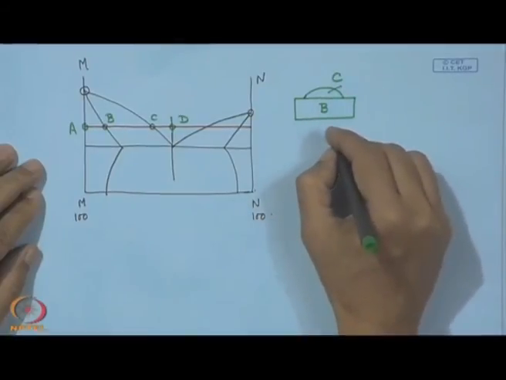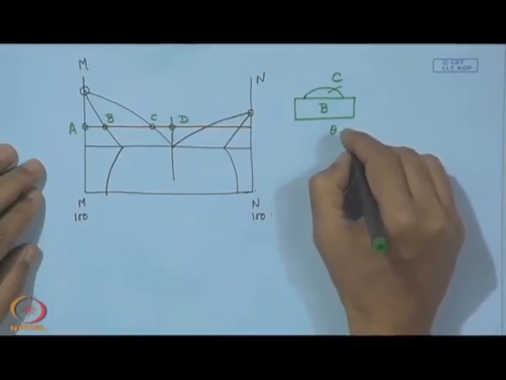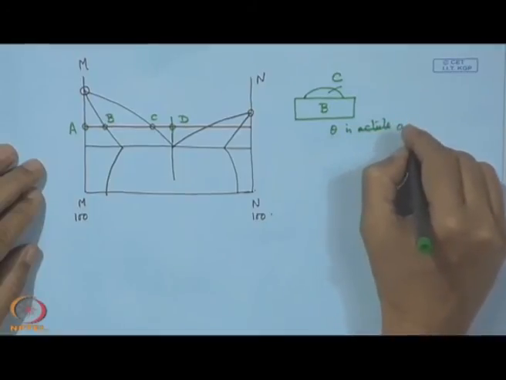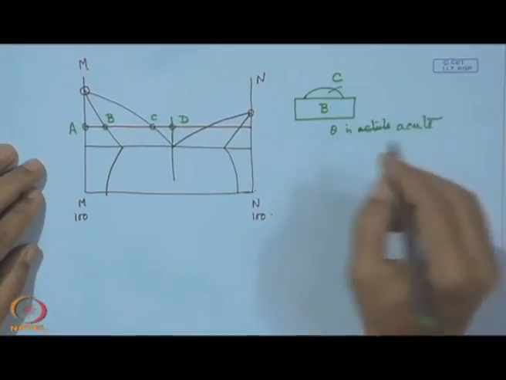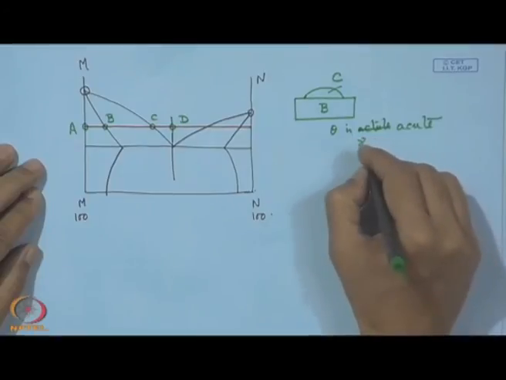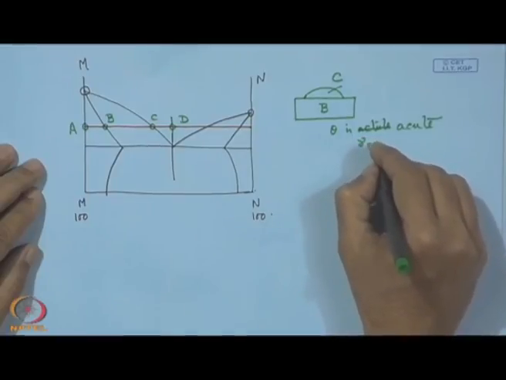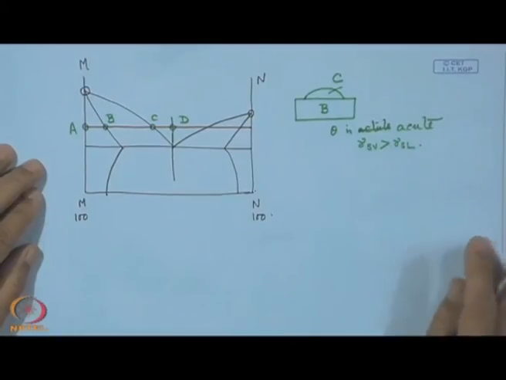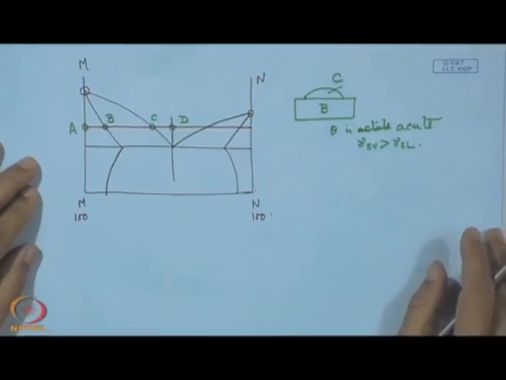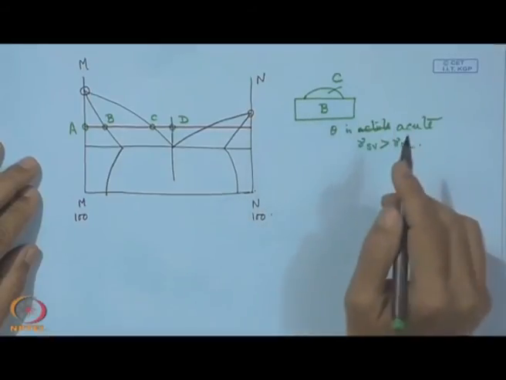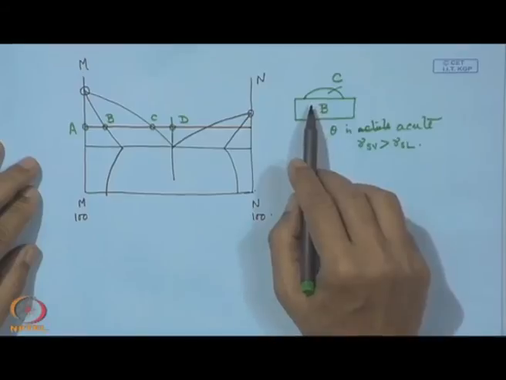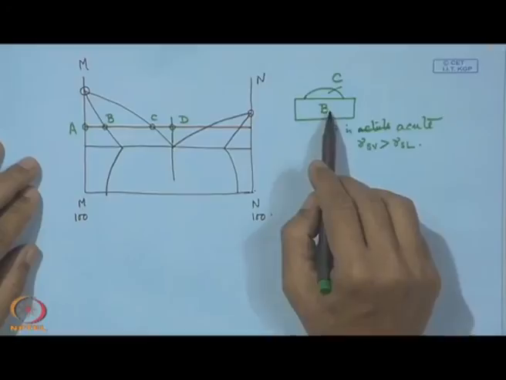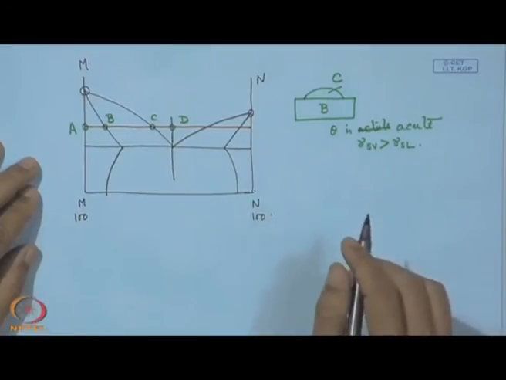However, the angle theta is acute, and in this case gamma SV is greater than gamma SL. So, this is called a passive interaction between B and C. There is no sign of change of composition of C or B when they are brought in contact.